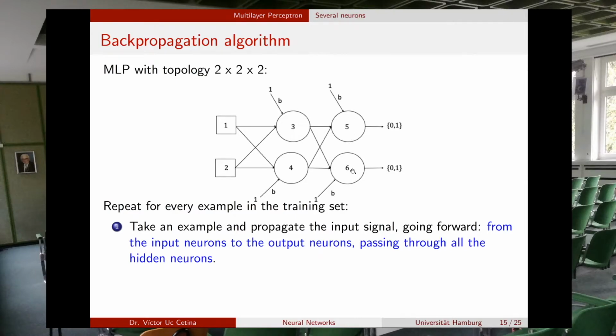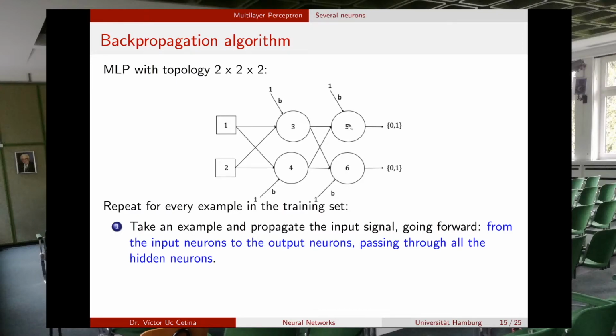Okay, in this case 5 and 6, and the output of 3 will become an input of 5 and an input of 6. In the same way, we do the same propagation with neuron 4. So the value of feature 1 will be fed into neuron 4. The same happens with feature 2. We compute the input, the big sigma, then the small sigma, which is the activation, and we send the output as an input of neuron 5 and as an input of neuron 6.